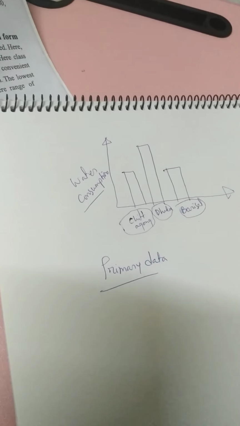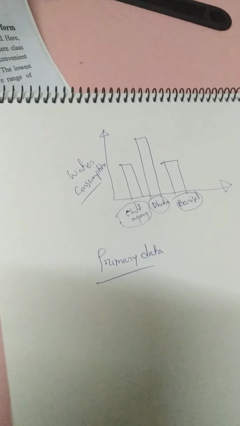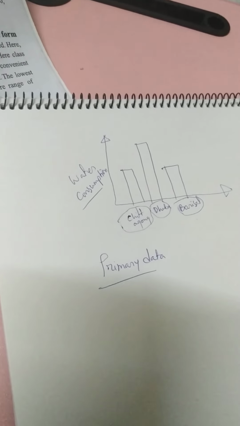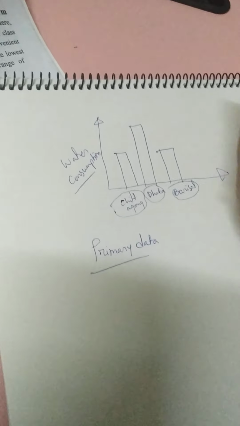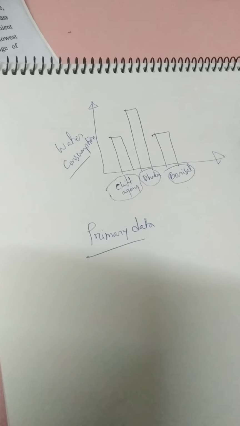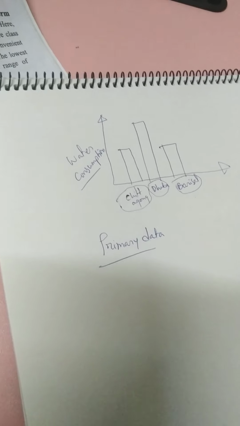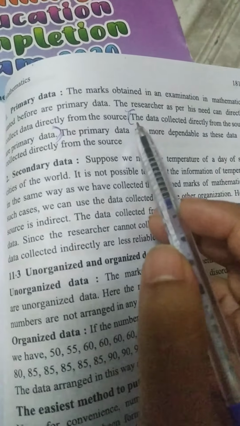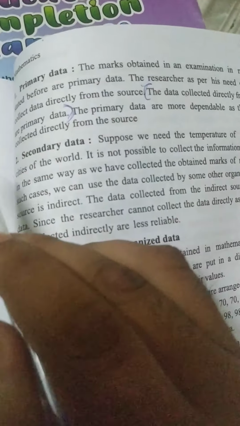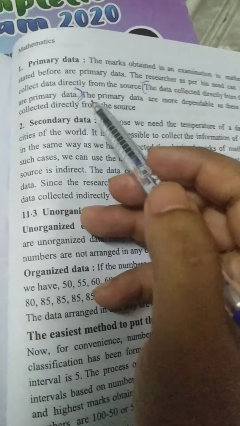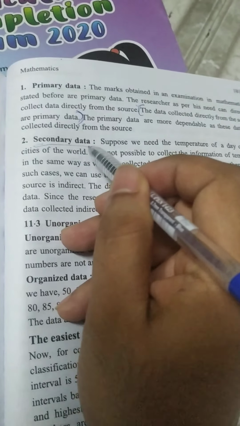If I've collected it by my effort and not from somewhere else, the type of data that we collect is known as primary data. So the data collected directly from the source are primary data.